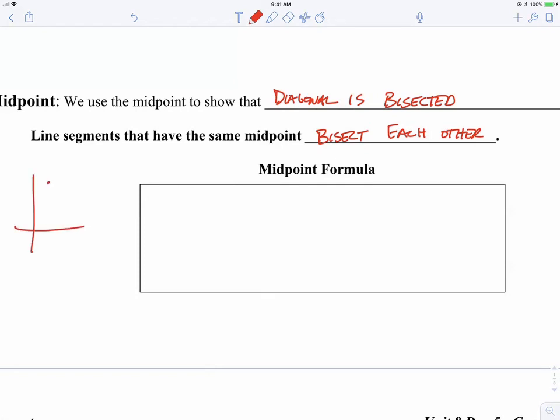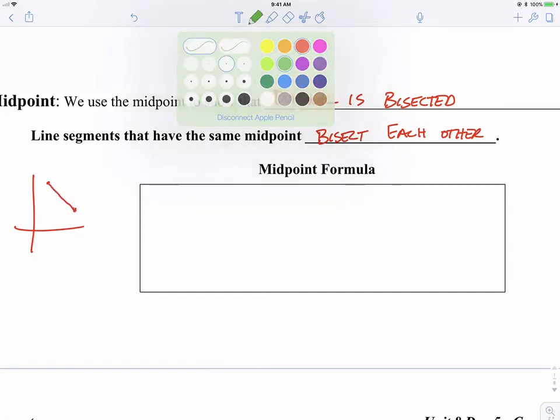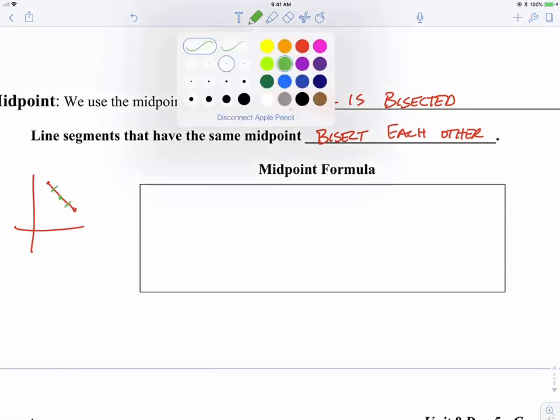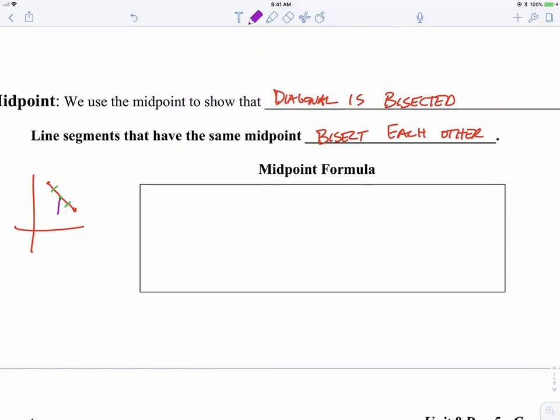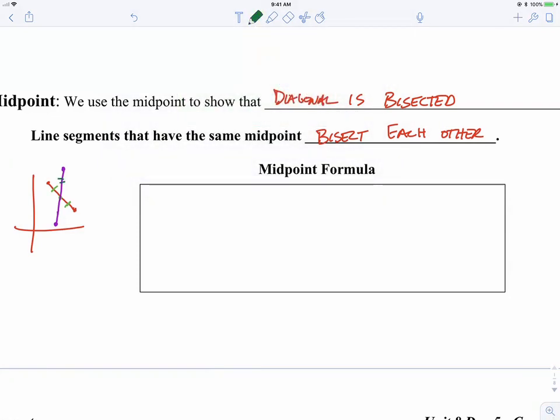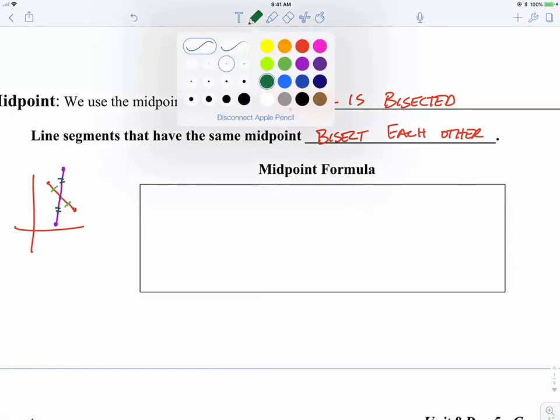If I have 2 points, the midpoint is the point right in the middle. That means it cuts it into 2 smaller congruent line segments. If I had another segment that has the same midpoint, with the same coordinates, then I know that they bisect each other.